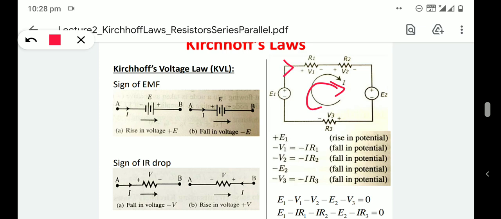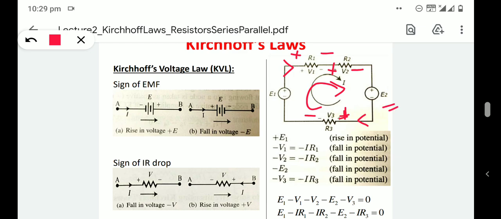If the current direction is clockwise, then mark the plus and minus terminals of the resistors. For R1 this is plus, this terminal will be minus. For R2 this terminal will be plus, this terminal will be minus. Then for R3 this terminal will be plus, this terminal will be minus, because current flow is in this direction. So the current entering point will be plus, the current leaving end will be minus.